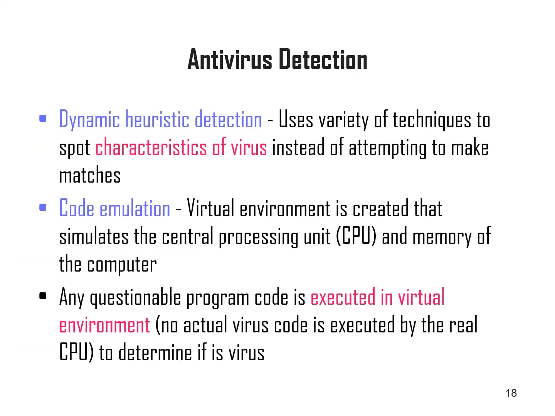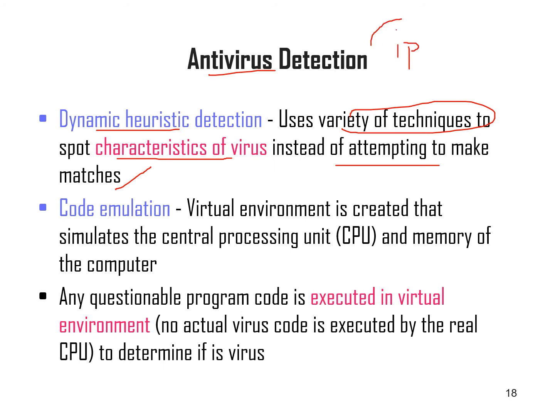Antivirus detection has another kind of detection, which is dynamic heuristic detection. It uses a variety of techniques to spot the characteristics of a virus instead of attempting to make matches. Instead of mapping signatures to infectious files, I am spotting the characteristics of the virus. If it is illegally communicating with an IP address that is malicious, I have to check whether that IP address is malicious or not.